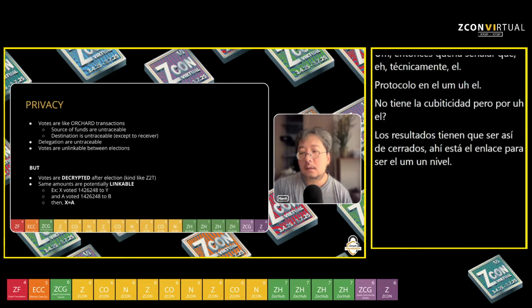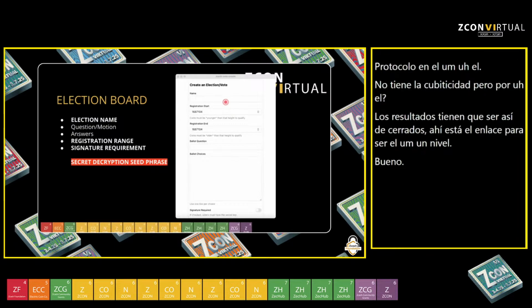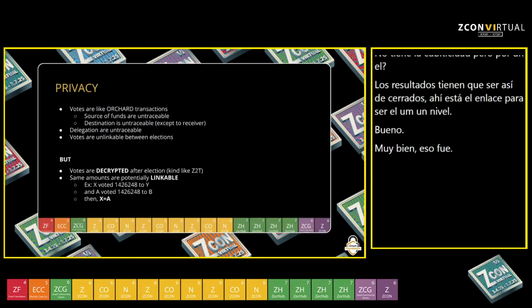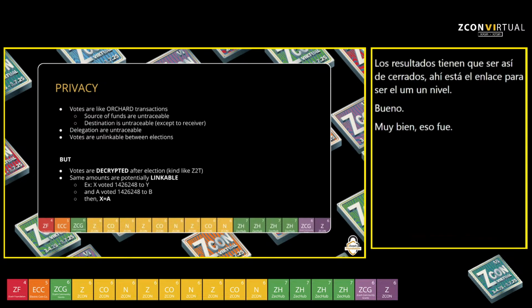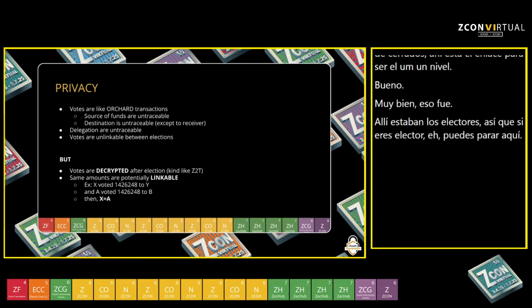Okay. All right. So that was the electors. If you are an elector, you can stop here. That's pretty much all you need to know about coin voting to use the system.